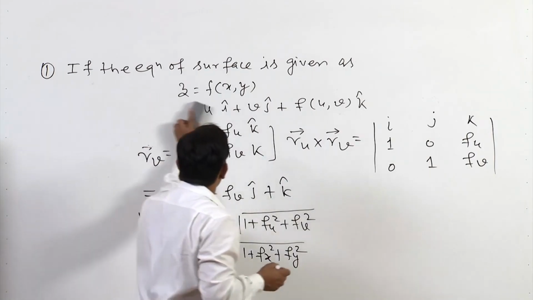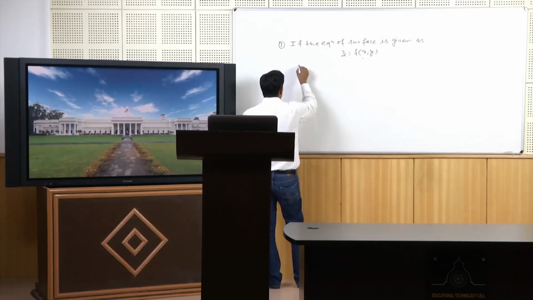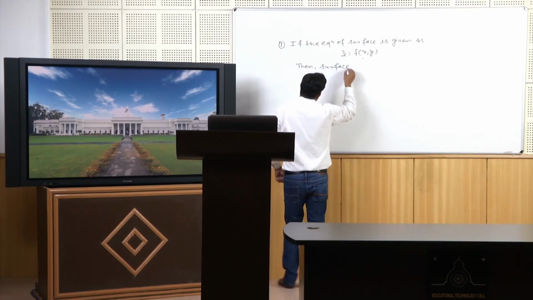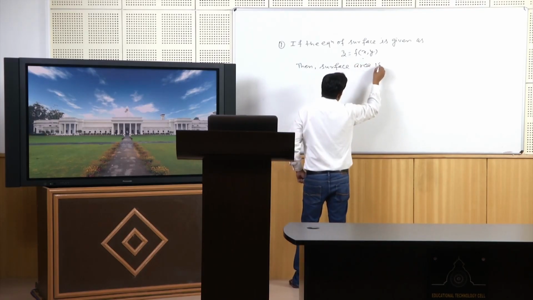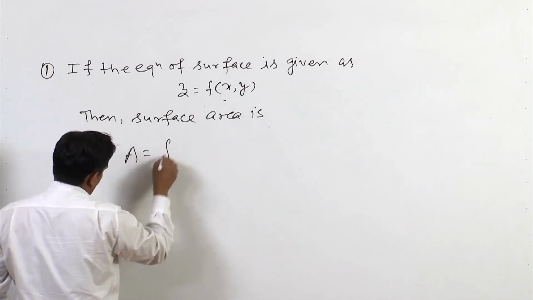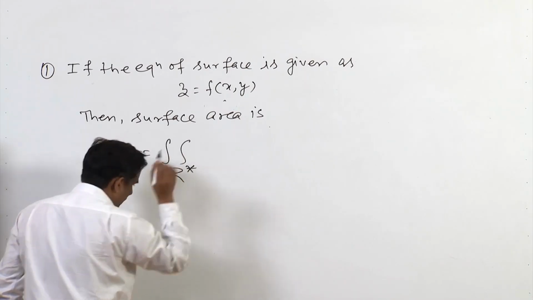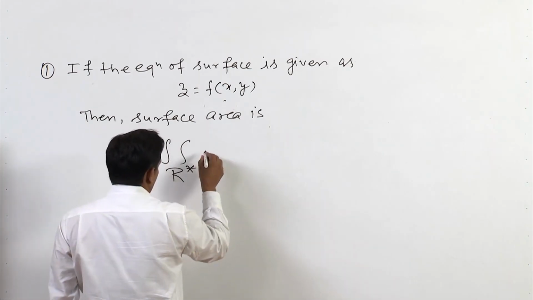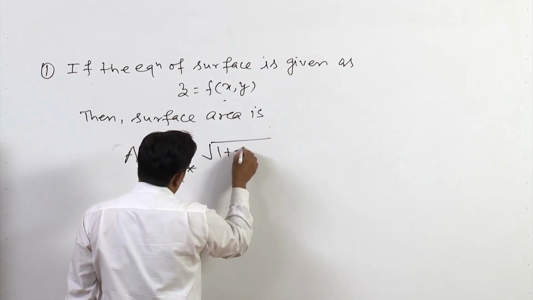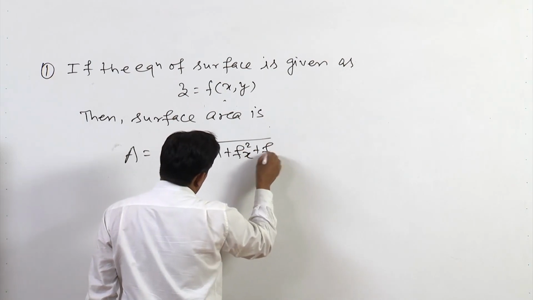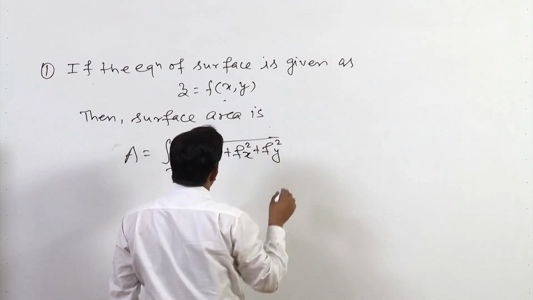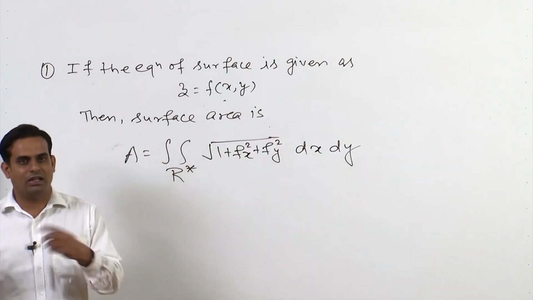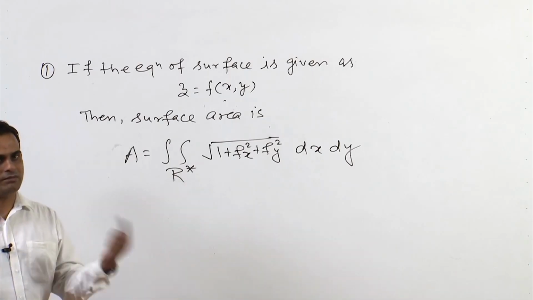So if the surface is given in this way, then the surface area A equals the integral over some region R star, I will tell you what is R star, of square root 1 plus f_x square plus f_y square dx dy, because du dv will become dx dy, u equals x, y equals v.